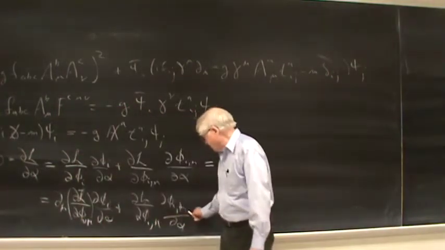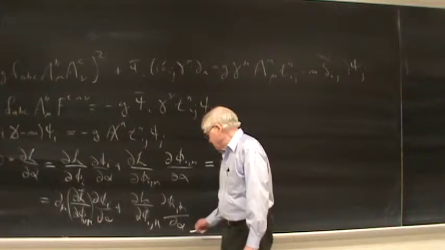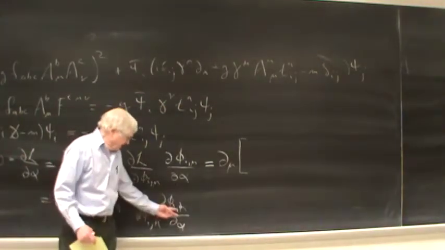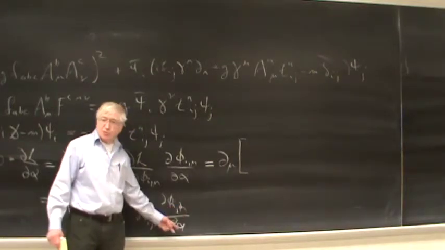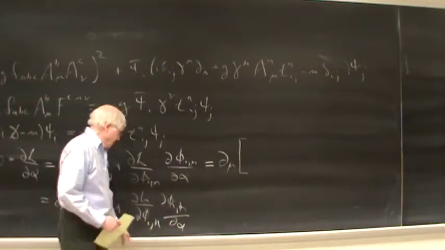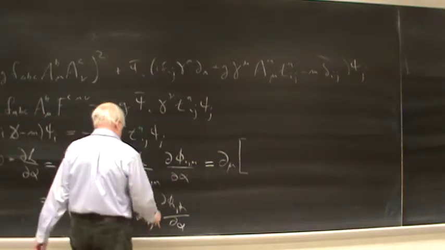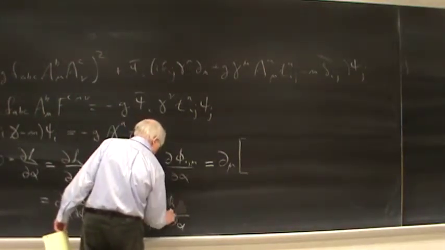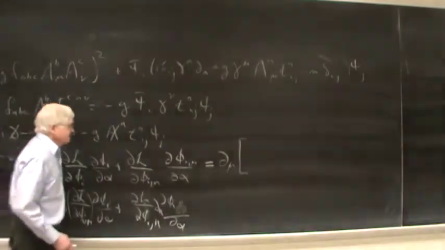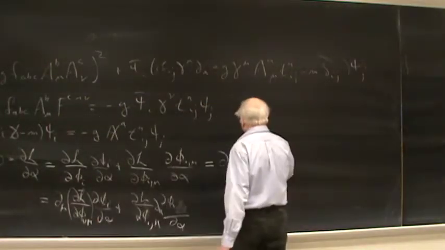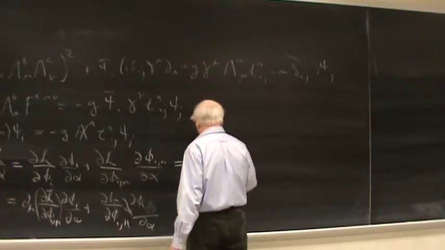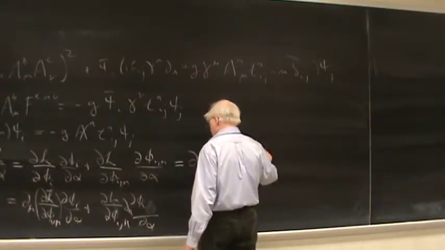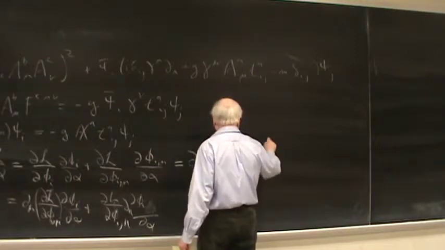This is the muth derivative of the second term, because we can interchange partial with respect to mu and partial with respect to alpha. So this thing is d mu of partial I, partial alpha. And so this whole thing then is partial L, partial phi I comma mu, partial phi I comma alpha.